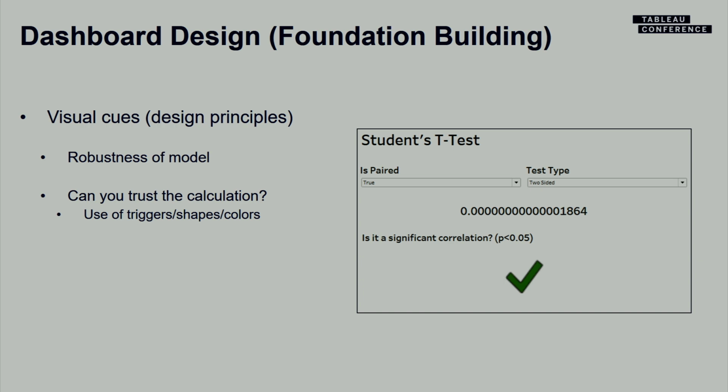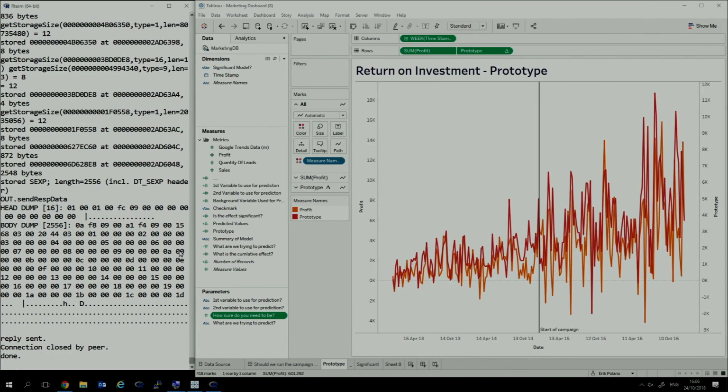Maybe I just need to give certain visual cues so that my end users understand what they need to take action on. If I have a battery of diagnostic tests that look at whether certain things are significant, whether certain underlying assumptions hold when applying this model, let's see how I could apply that parameter in an example.